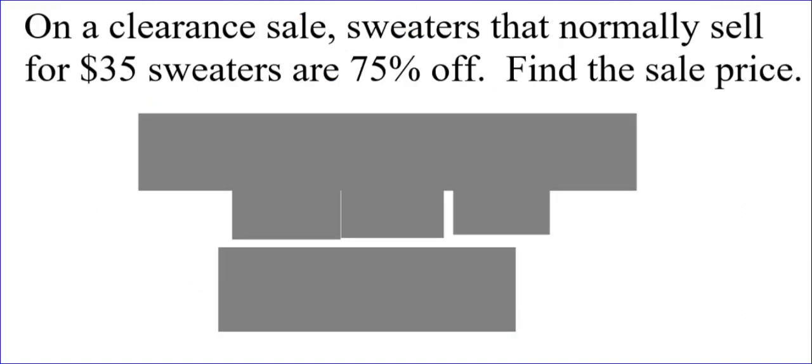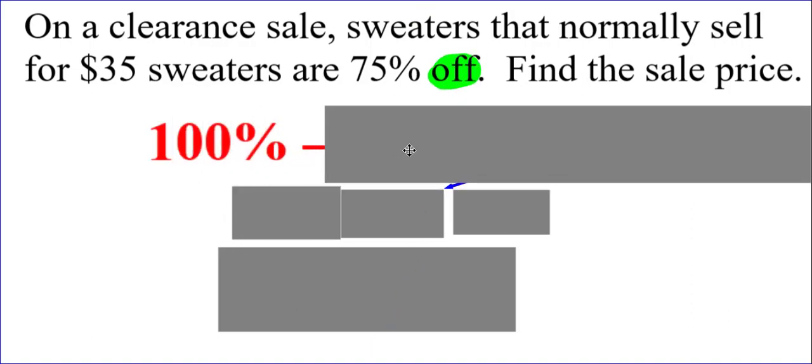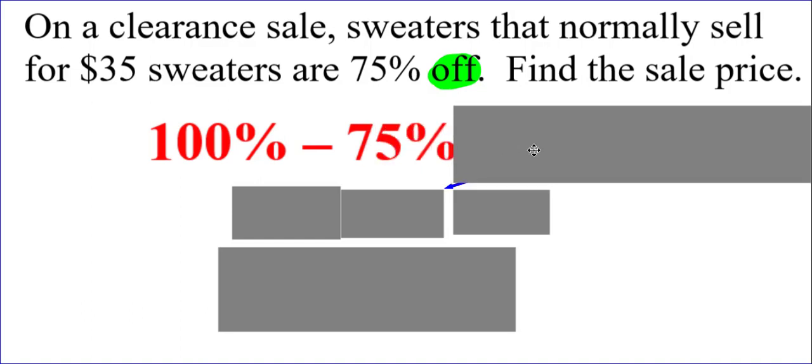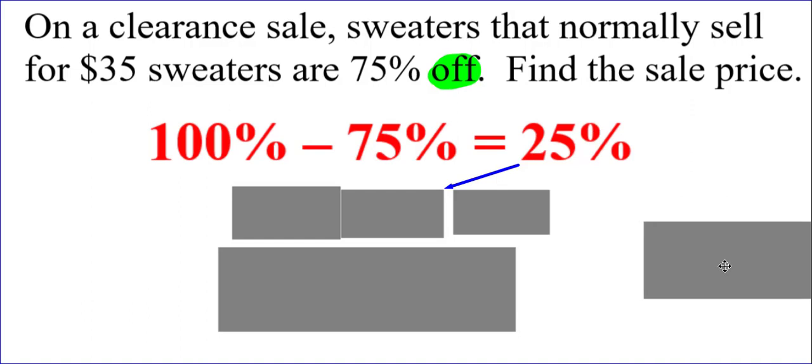Next example, on a clearance sale, sweaters that normally sell for $35 are 75% off. Find the sale price. Now, since it's 75% off, it is coming off. It is taken away. This is a decrease. So 100% for the original minus the 75% off means you only pay 25% of the original cost.